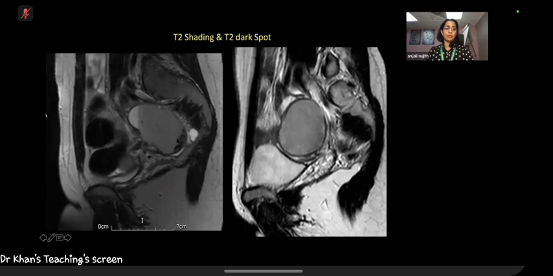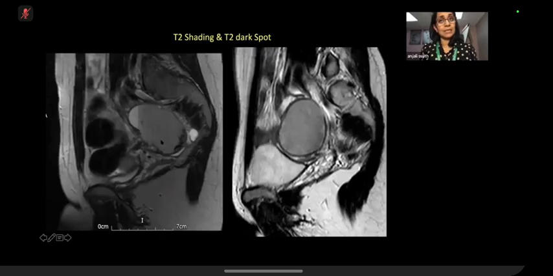So what do you mean by T2 shading? T2 shading is actually the inherent low signal, or the reduction in signal, on T2 weighted images within the endometrioma when you compare it with T1. So on T1, if it is bright signal and on T2 it is low or intermediate signal, then that appearance is called T2 shading.